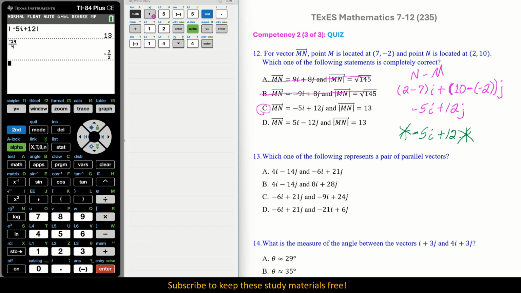Let's check the second vector value in A. Okay, so alpha y equals, number 1, and we will put in -6, arrow down, 21, push enter. Oh, wait. Oop, I did it backwards. Okay, let me pull that down.